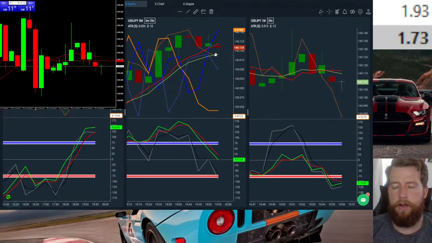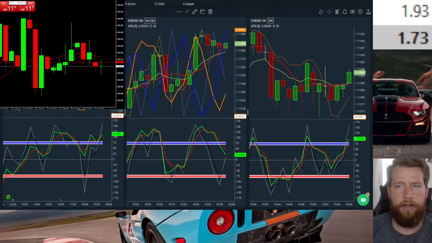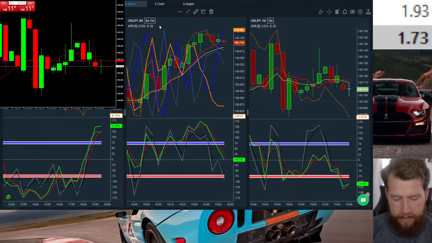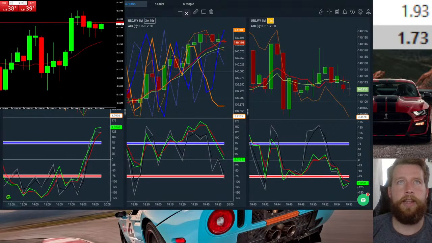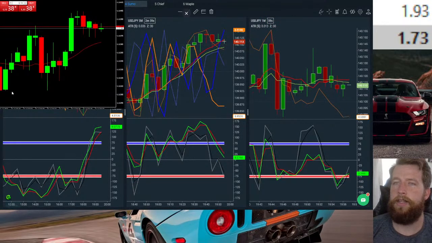waiting. I do have other pairs that we could be looking at, but the yen is the most active during this time frame in the evening. And I find I do a lot better. I mean, we just have to adjust.